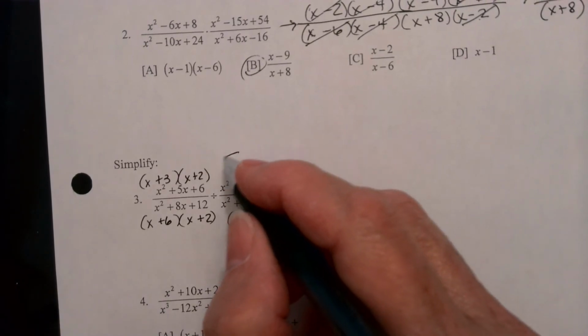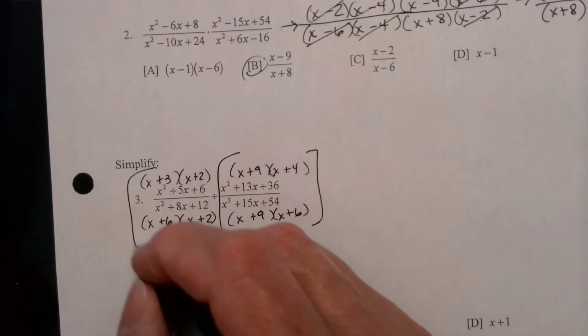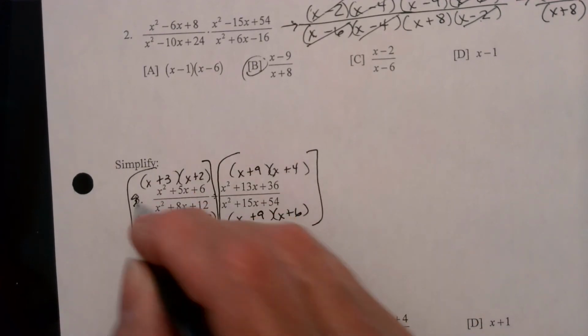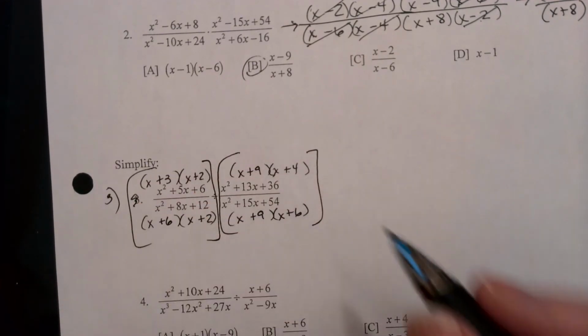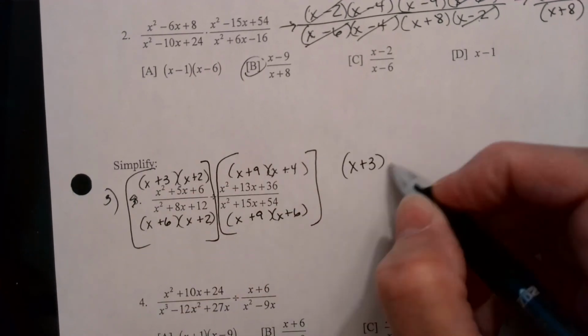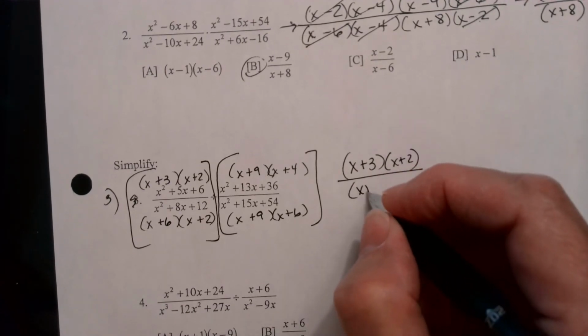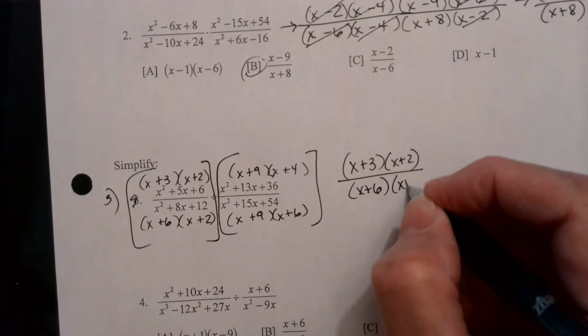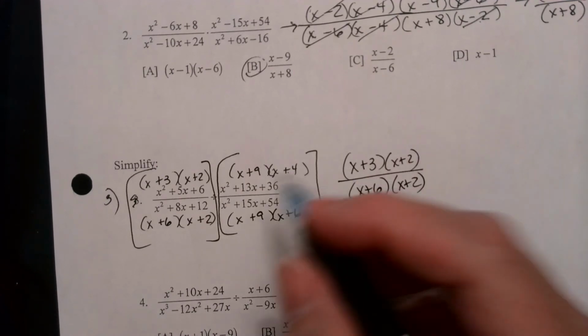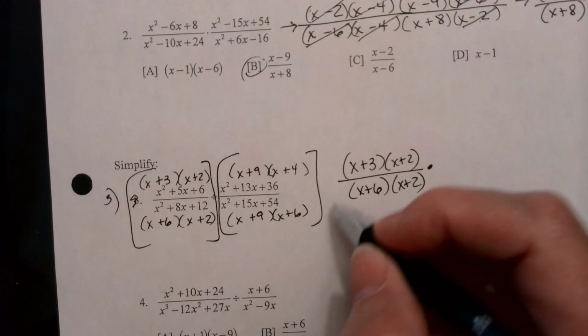Now, remember though, this part is being divided into that part, right? Not that 3. 3 goes here. Okay. So I'm going to take the first one, x plus 3 times x plus 2 over x plus 6 over x plus 2. Now this whole thing is being divided by all of this. That means I'm going to multiply it by the reciprocal of this one.